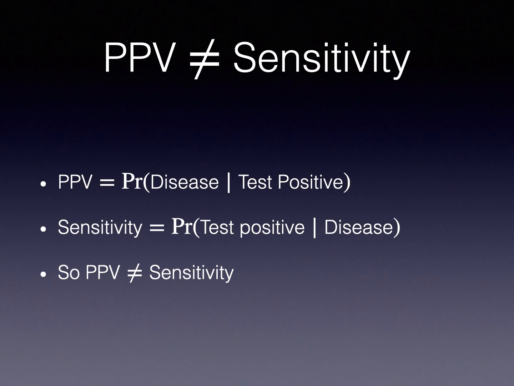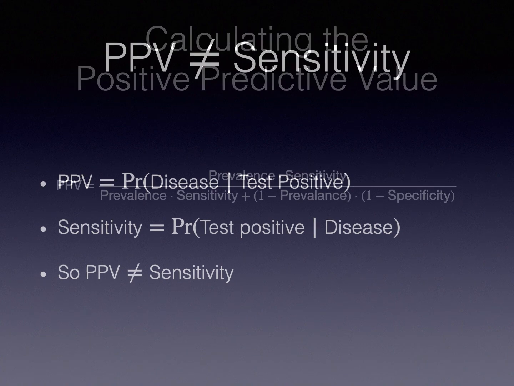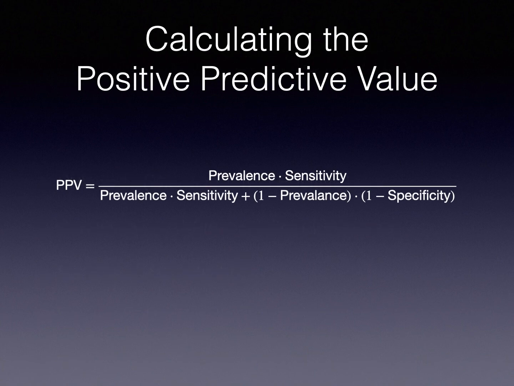Now, we can calculate the PPV using the sensitivity of the screening test, the specificity of the screening test, and the prevalence of disease in the population of interest. And we get this formula by applying Bayes' theorem.